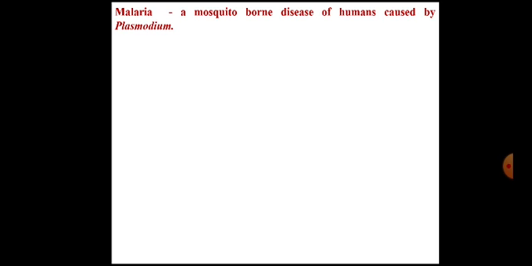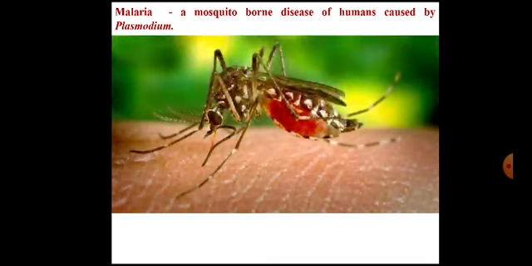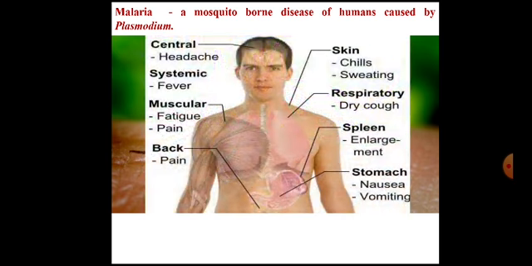That is, the female Anopheles mosquito is responsible for the transmission, the same way in which the tsetse fly does. These are the different symptoms that occur due to the malarial parasite: headache, fever, fatigue, pain, chills, that means shivering, sweating, dry cough, enlargement of spleen, and nausea and vomiting. So the critical symptom is very high fever.